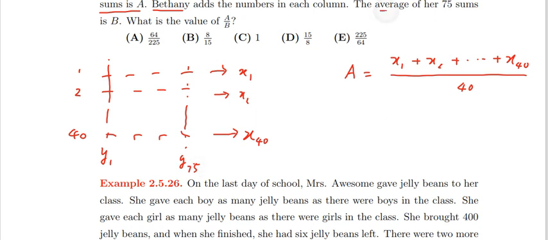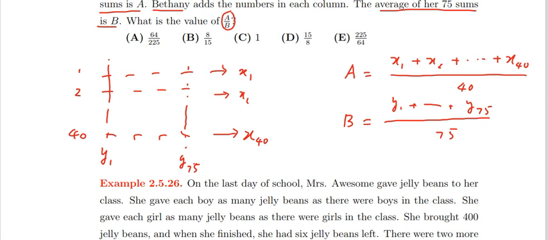And the average of these 75 sums is B. So B equals y1 plus y2 plus up to y75, over 75. So the question is, what is the value of A over B?